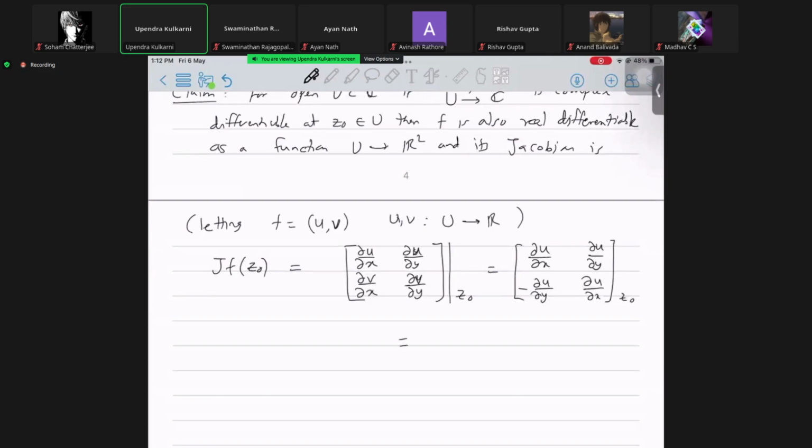And similarly, I can write everything in terms of v. The lower row will stay the same, del v by del x, del v by del y. And what do I get for the top? Del v by del y, minus del v by del x.